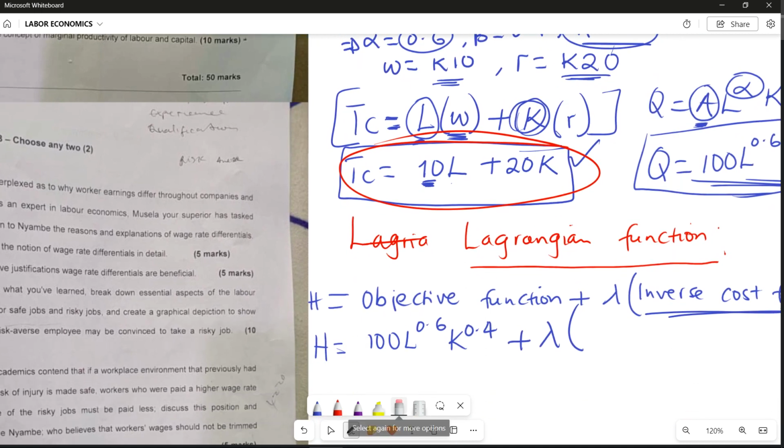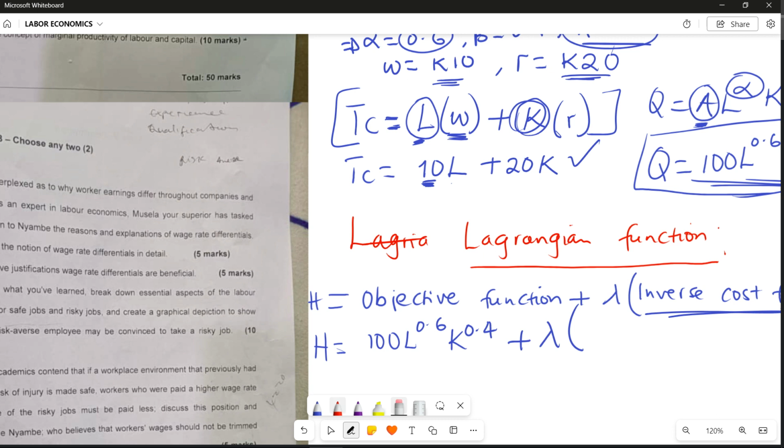We know the total budget for the inputs is 1,000, which means that after hiring some units of labor and capital, we should spend 1,000 kwacha.